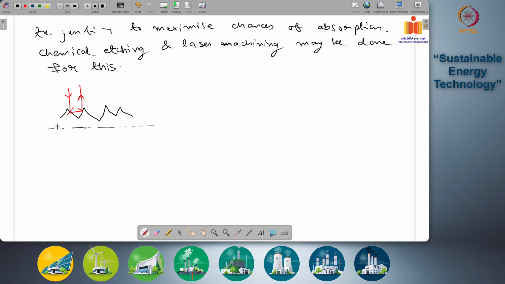If this was a plane surface, then the angle of incidence would have been normal, so 0, and you would have a larger chance of transmission.